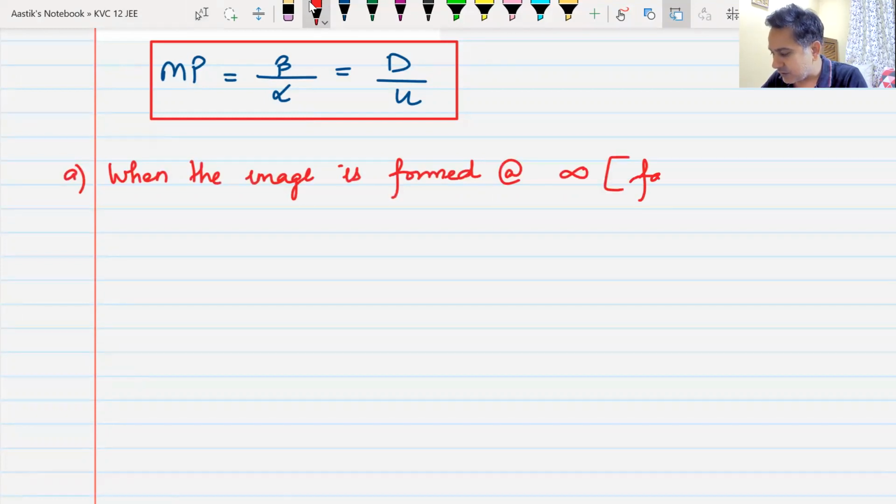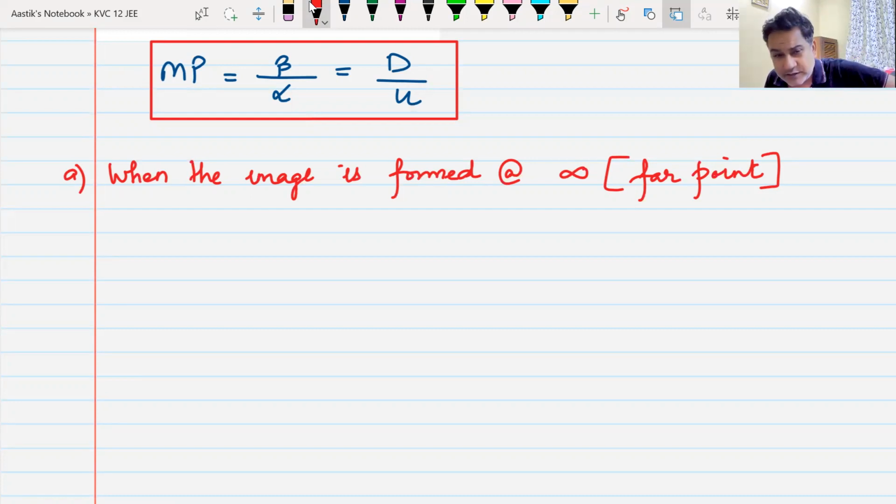Instead of infinity, you can also call it at far point. So there are two types of point. Infinity, which is also known as far point, and least distance of distinct vision, which is also known as capital D or near point.